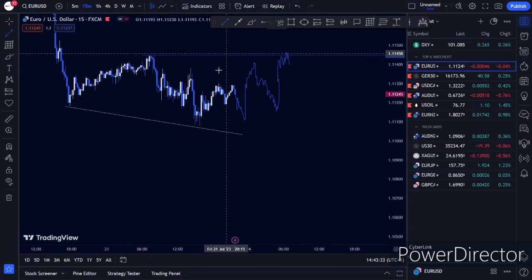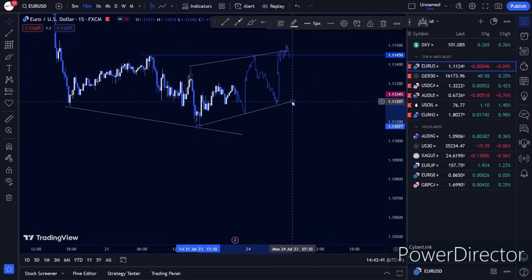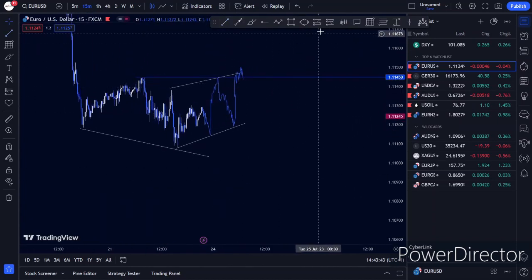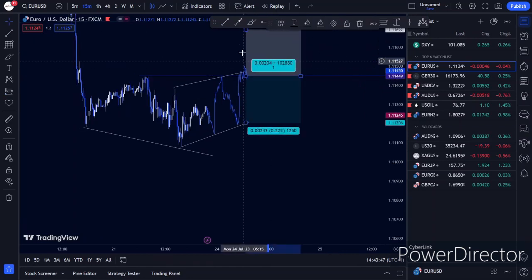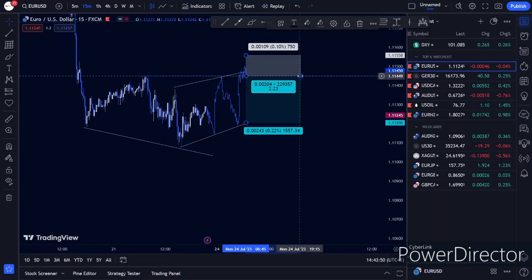So I'll be looking to position myself around here, just over something like this. I'll go risk entry at the top, and then literally a 10 pip stop minimum.